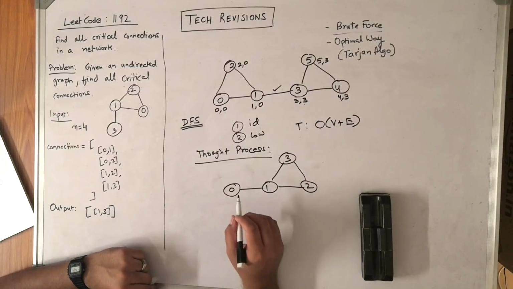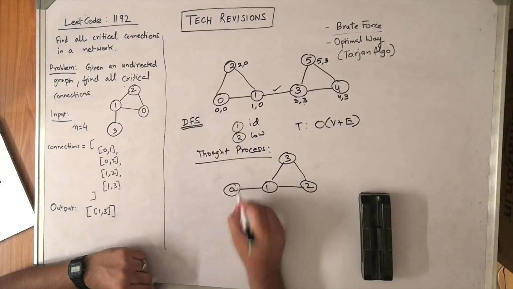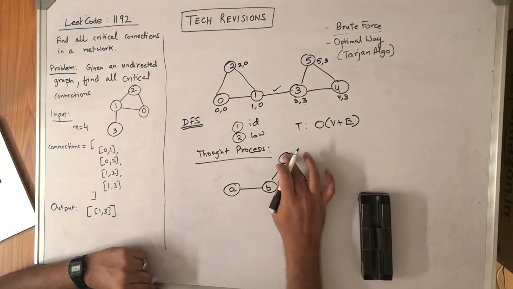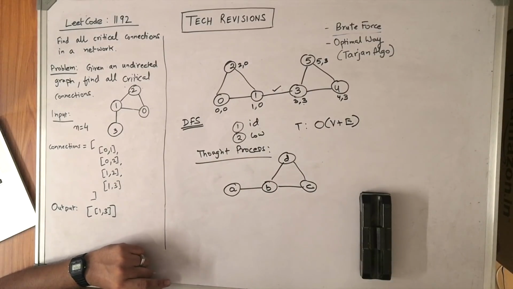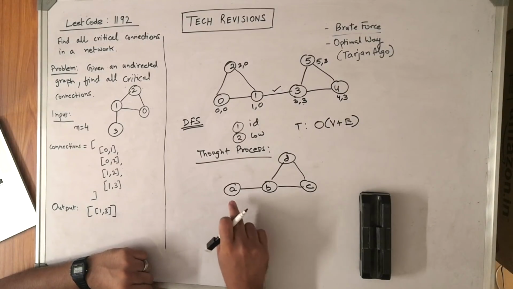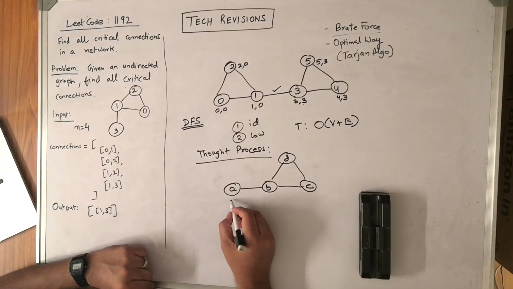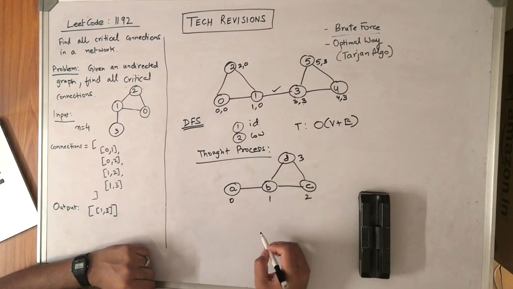So for simplicity's sake, let me assume that the identifiers are A, B, C, and D. So these are not IDs; these are the identifiers of the nodes, right? So what Tarjan's algorithm says: do a DFS traversal and keep assigning IDs as you discover the nodes. So suppose your discovery starts from here, you're going to assign 0, 1, 2, 3. This is how the IDs are going to get assigned.